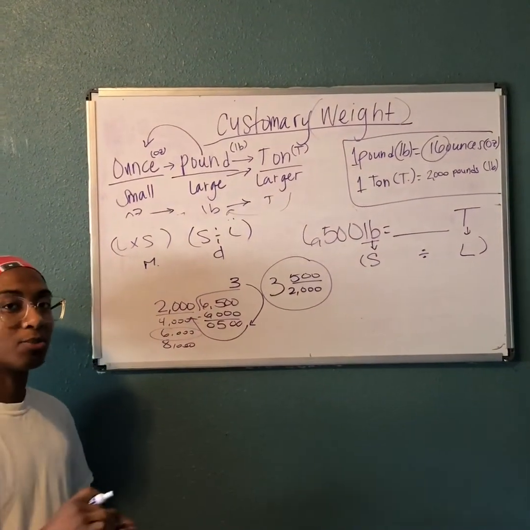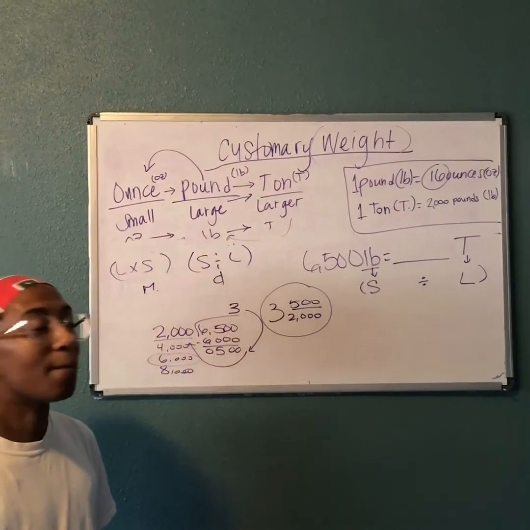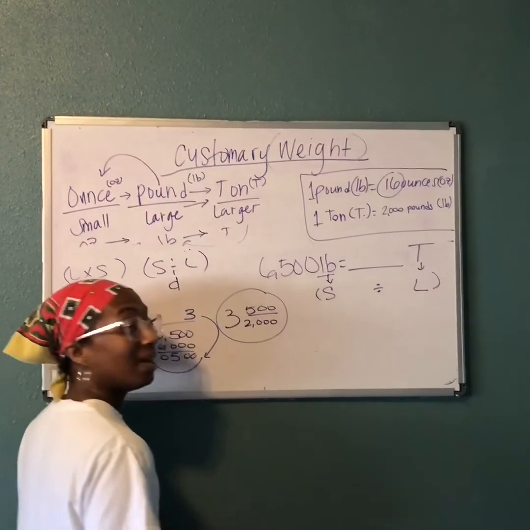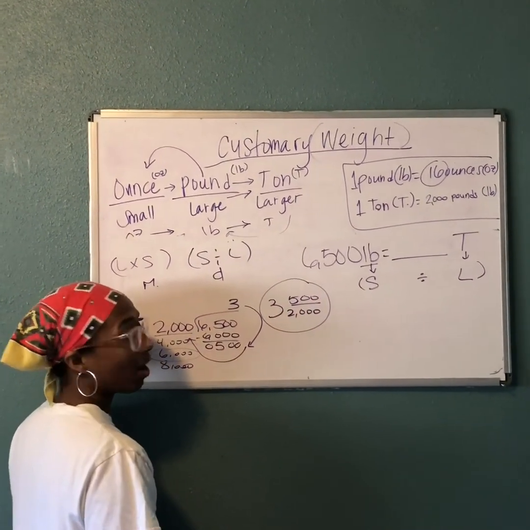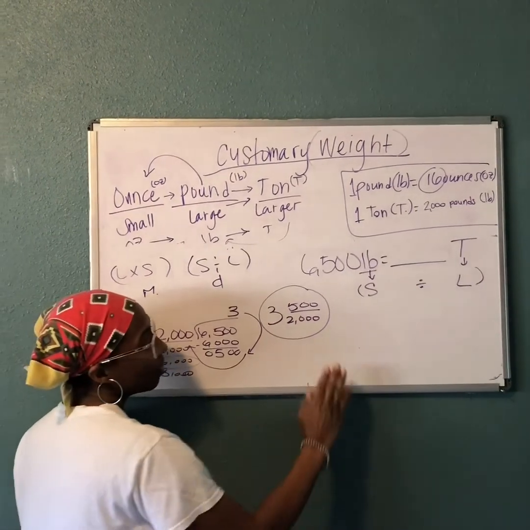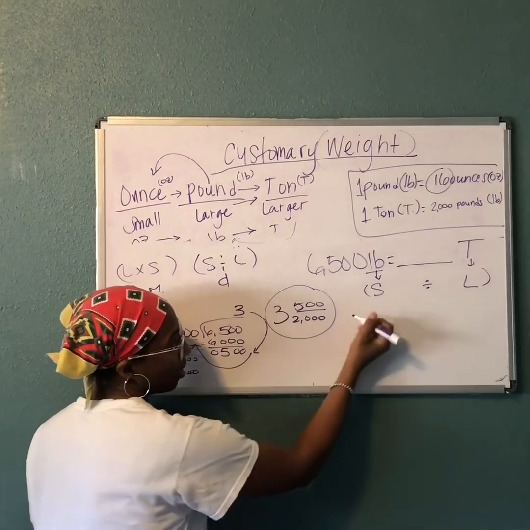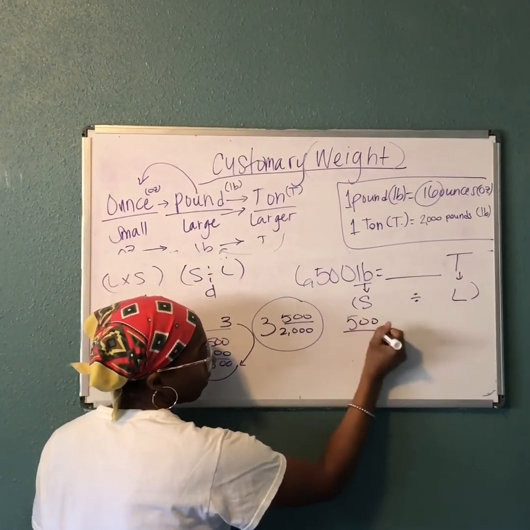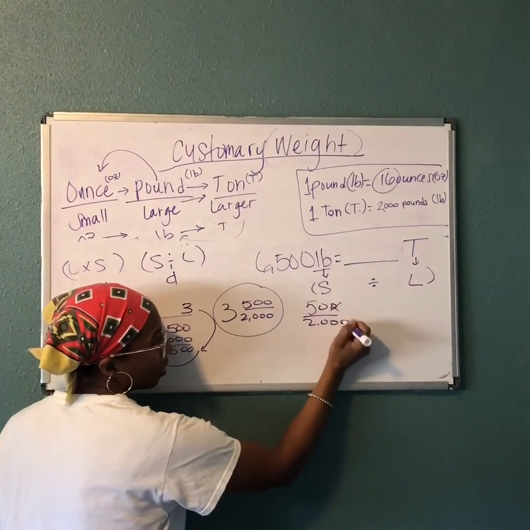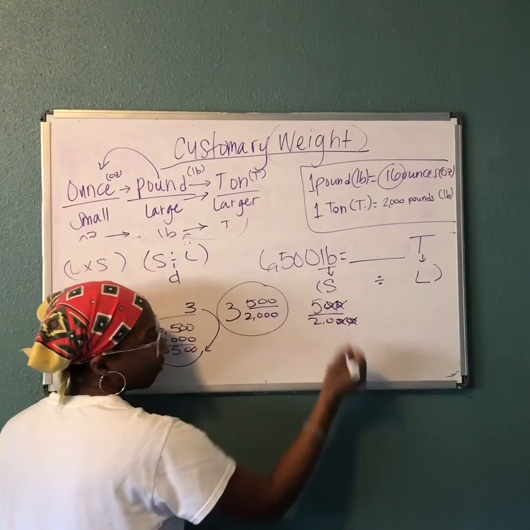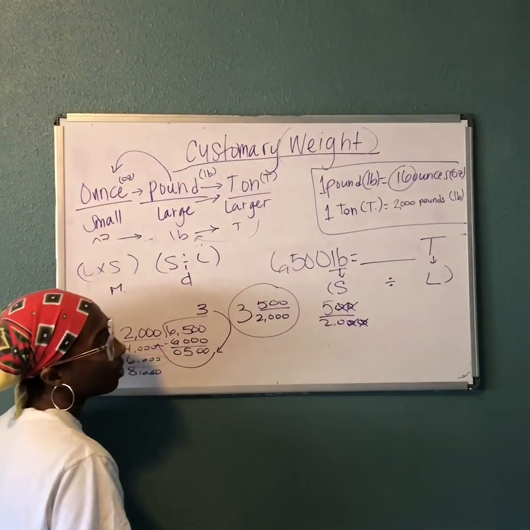How can we make this smaller? Now we have to simplify. Right? Now, imagine the zeros aren't there, right? You could take 500 divided by 2,000, right? Take the zeros off, right?